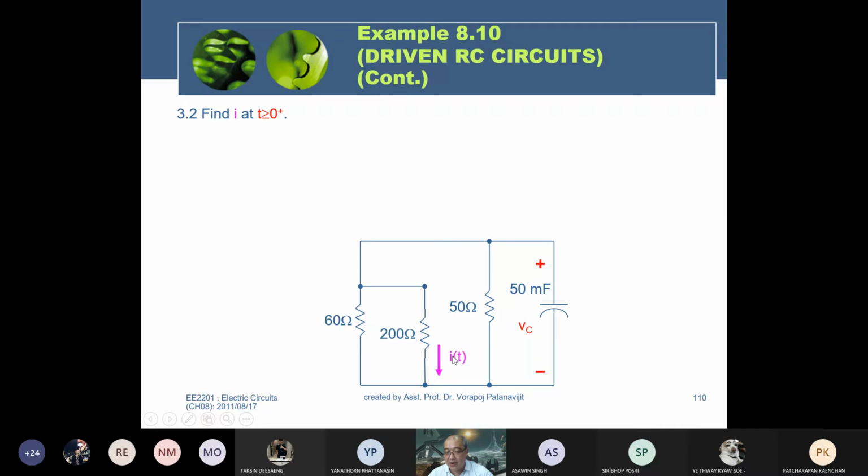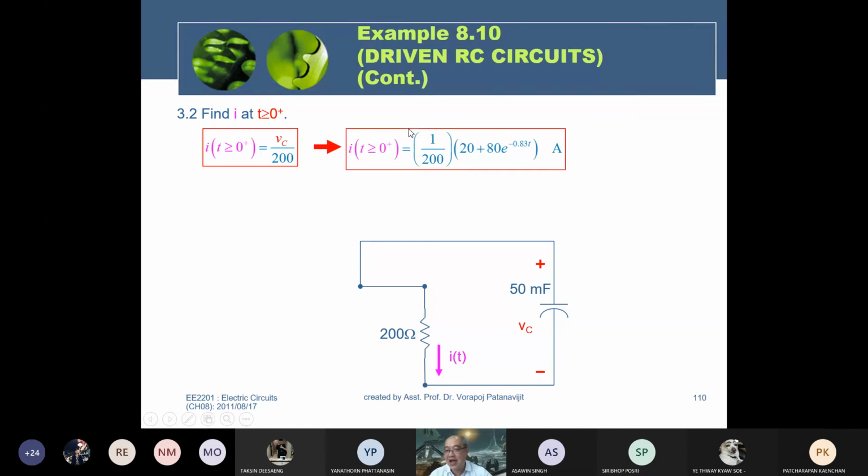You can see that we must derive I that flows in the 200 ohm in terms of VC. The voltage across this equals the voltage across this, right? Therefore, I erase them to emphasize what happened. The voltage across this terminal equals VC. You know VC from the previous step. Therefore, I that flows in the 200 ohm equals VC divided by 200.